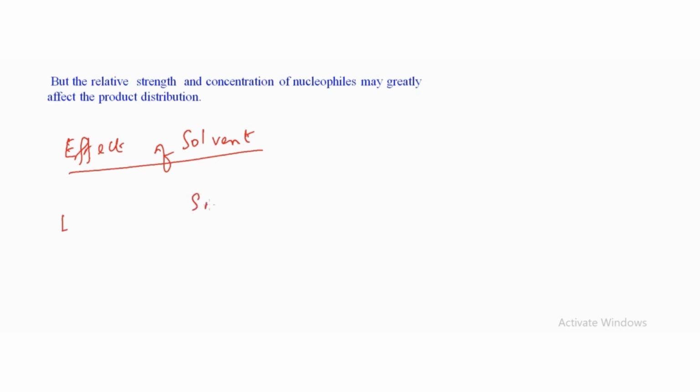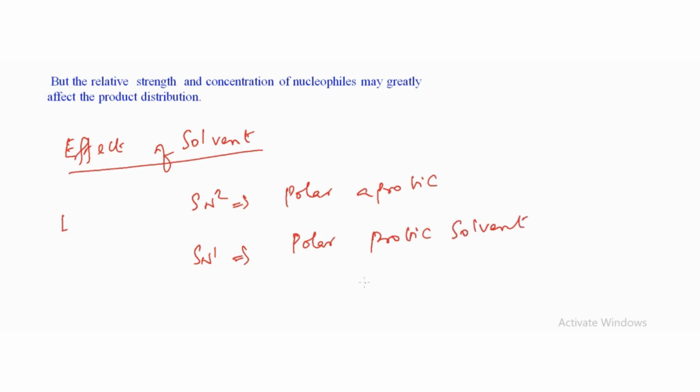In the SN2, we use polar aprotic, but for the SN1 we should choose polar protic solvent. Okay. For example, you can use water as a polar protic solvent because it has a proton, like any alcohol. So these are the polar protic solvents.